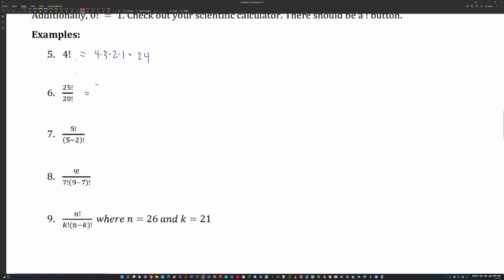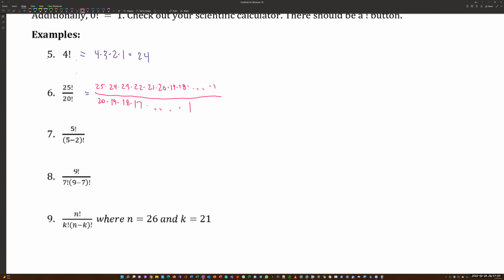So in this one, this would be 25 times 24 times 23 times 22 times 21 times 20 times 19 times 18 times all the way down until 1. And this would be 20 times 19 times 18 times 17 times all the way down until 1. Does that make sense? Yes.